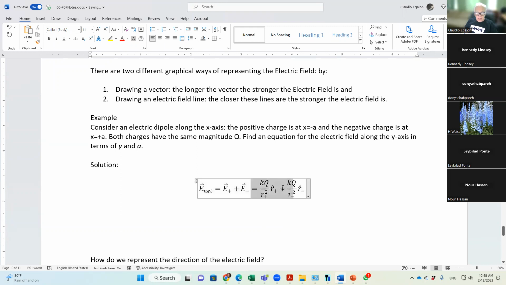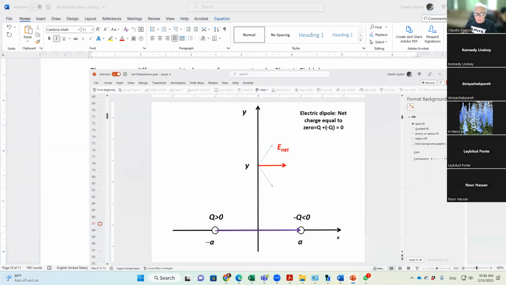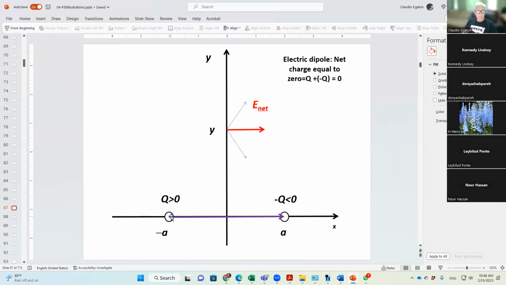But first, let us recognize what you see right here. It's going to be y plus, let's go back to our drawing. That's r plus. Here is a, here is y. So r plus is going to be the square root of y squared plus a squared.